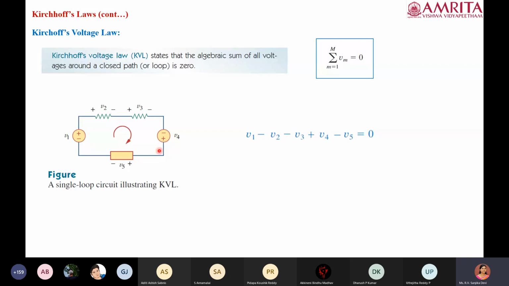Different textbooks follow different methods. Sometimes they go with the polarity of the entering part, in the sense that the same equation can also be written as minus V1 plus V2 plus V3 minus V4 plus V5. Ma'am, it's the same if you multiply minus on both sides, right?